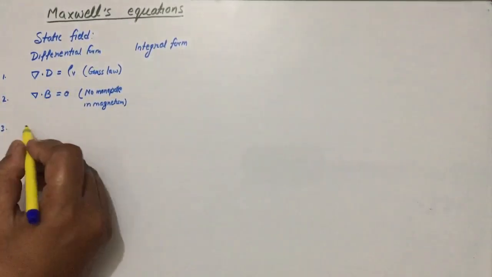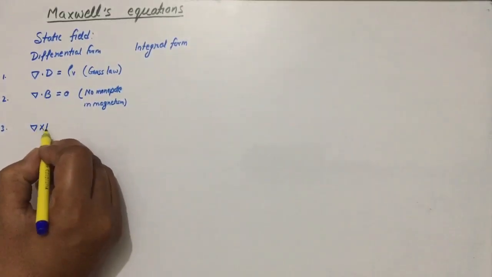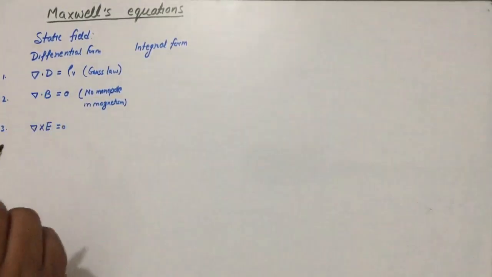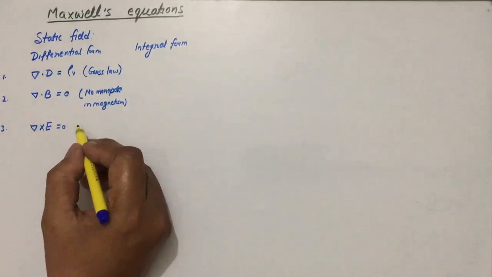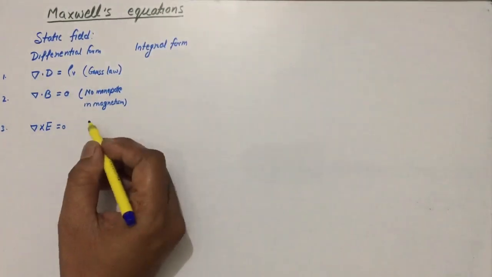And the third law was related to the electric field, that is the curl of electric field is 0 for static field. It shows that the static field E is conservative in nature.